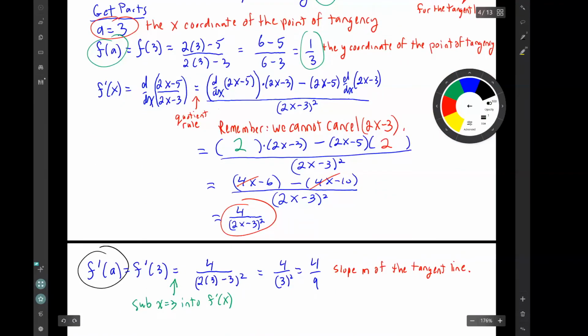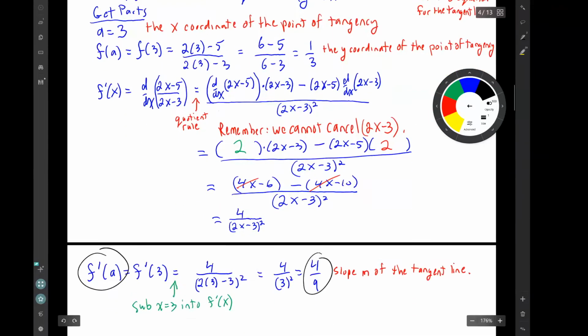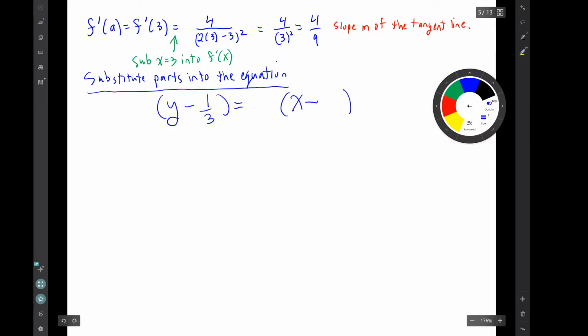And f prime of a equals 4/9 will go here. So I substituted those 3 numbers into the tangent line equation. So what we've got now is the point slope form of the tangent line equation.